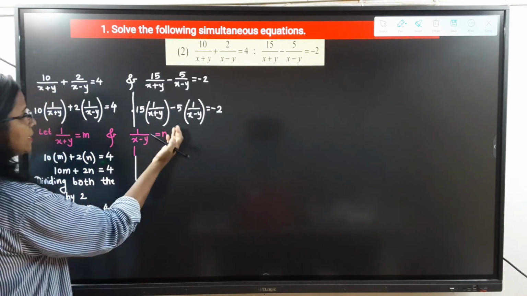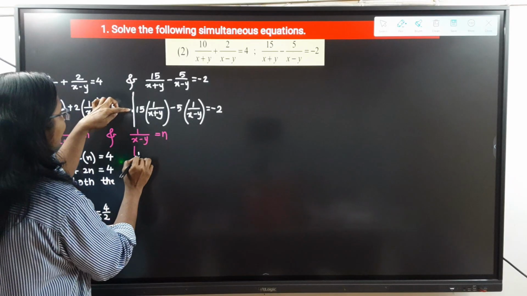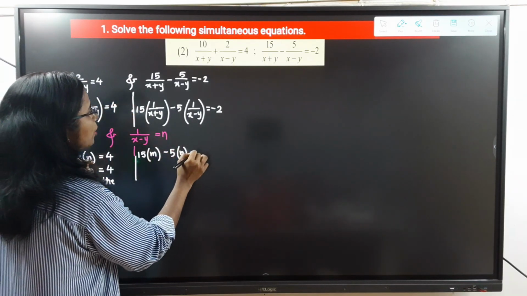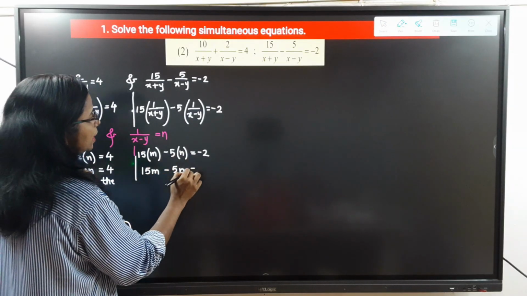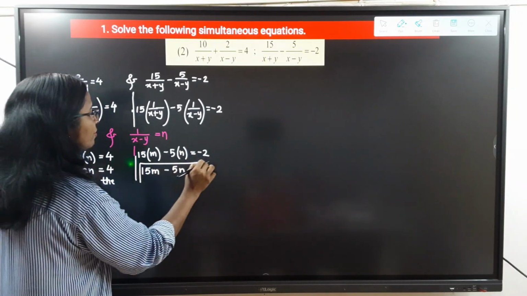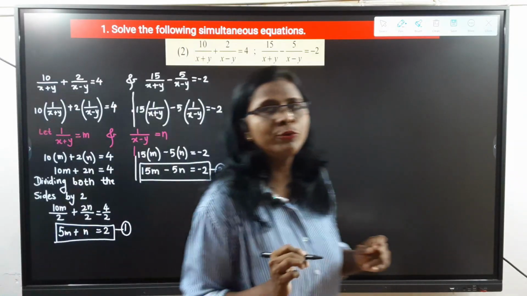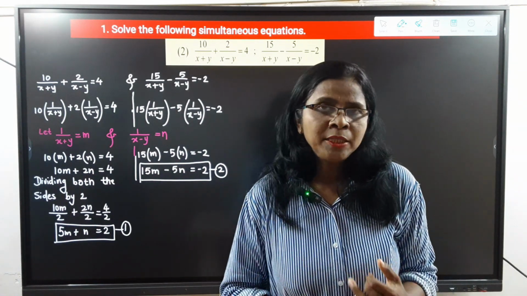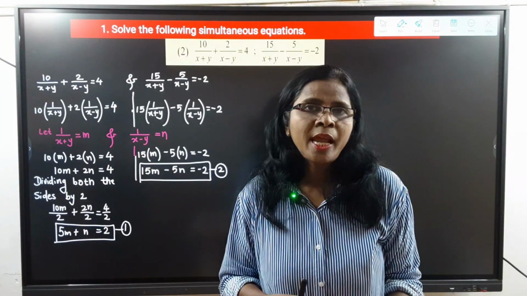Now here, students, this is the second equation. We simplify this by putting the values: 15 × m − 5 × n = −2. Therefore 15m − 5n = −2. We call this the second equation. Now we have two equations, and we can solve them by the substitution method, elimination method, graphical method, or Cramer's rule.